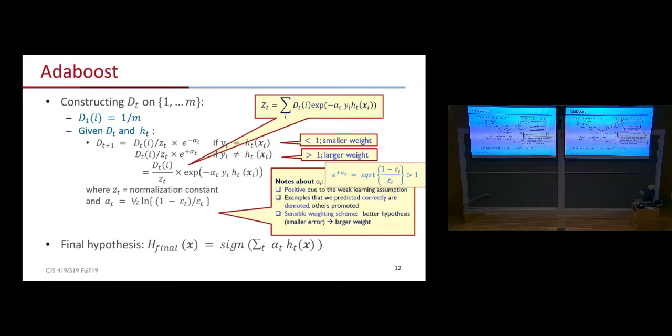Right? So for Dt of i, I have m examples. So the distribution is over m examples. I started with each example weighing 1 over m, and I'm changing this.